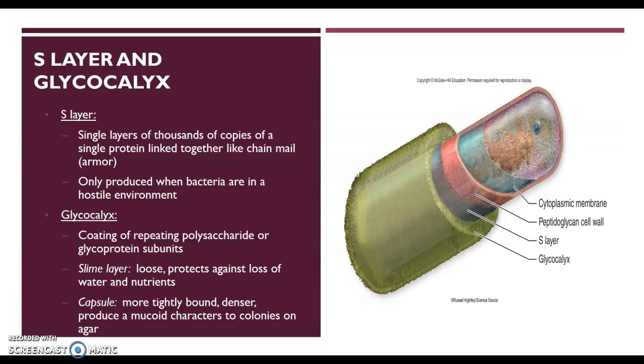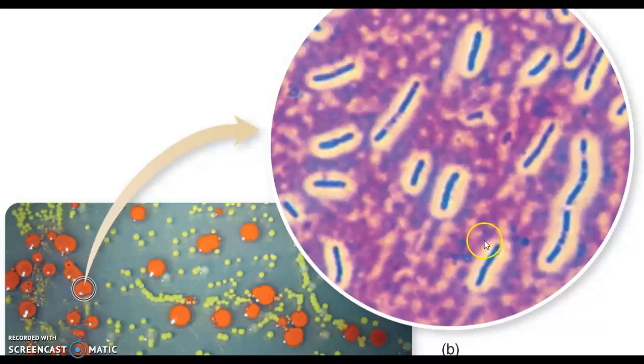It is denser. It's got the consistency of nutrient agar, and the capsule is also protective, but it also is useful in biofilms and increases an organism's ability to cause disease. And you can see an example here. Here's the cell itself, and then this layer right here is the capsule. Okay.